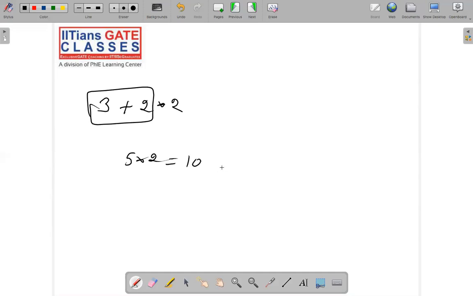But if you follow the precedence, which says that star has higher precedence, you should evaluate star first. Now you can see the change in result. It is 3 plus 4, which is 7.